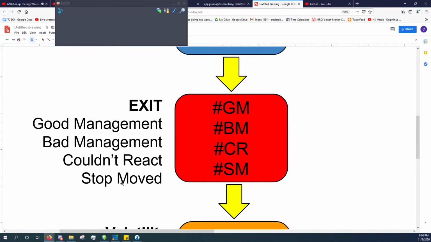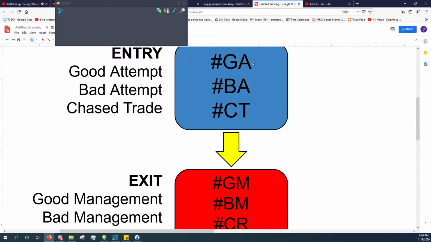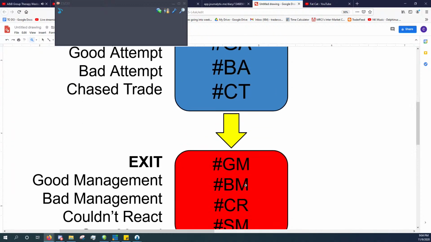So I want to compare those hashtag pairings to really see what I am doing more of. Am I managing these things poorly? And if I'm managing a lot of them poorly, I need to figure out what I can do to do that better. Maybe my entries aren't that good. So what I will do is run a hashtag pairing on the entries and the exits only.